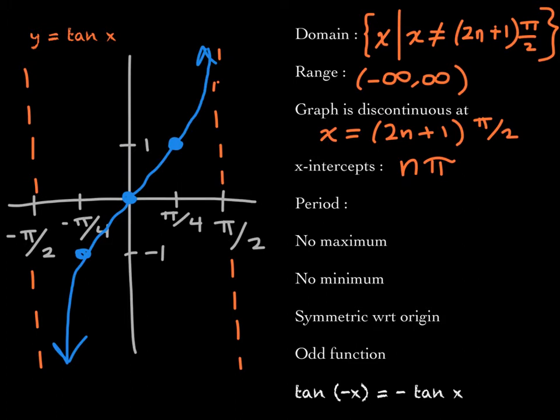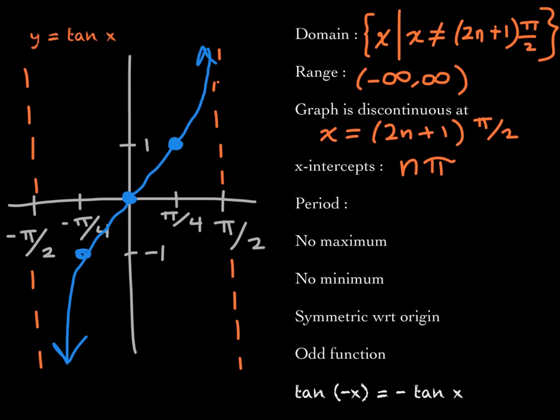Notice that this is very important, what we're about to say next. The period is pi, from negative pi over 2 to positive pi over 2. That distance there is pi. The period for sine and cosine is 2 pi, but the most basic period for tangent, and we're going to find the same is true for cotangent, is pi.